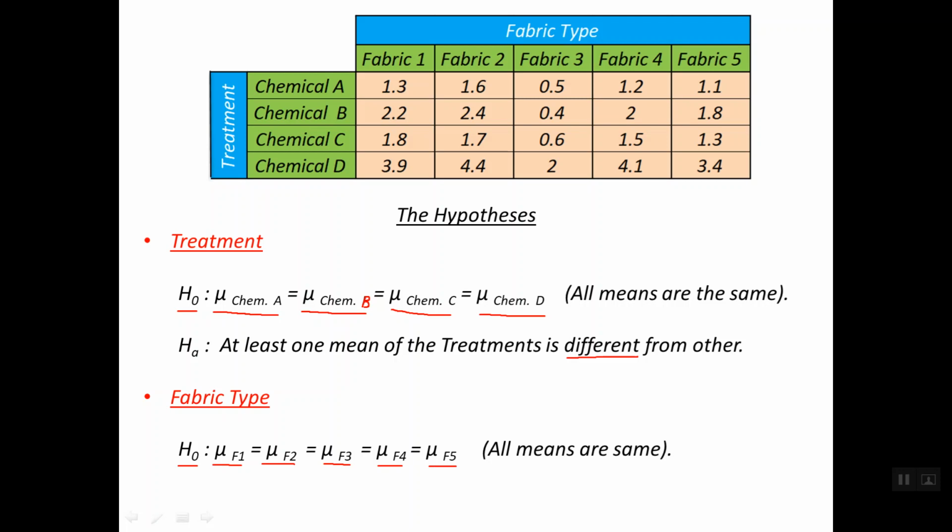Or simply all the means are the same, while the alternative hypothesis states that at least one mean of the fabric is different from the others. So we need to test these sets of hypotheses by the analysis of Anova Two Factors without replication using Excel.